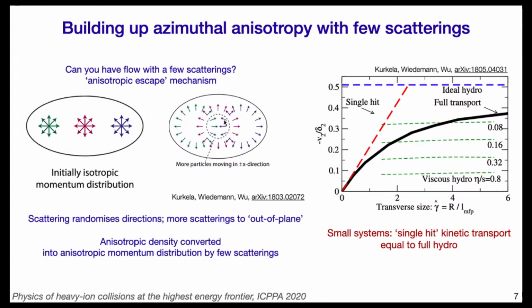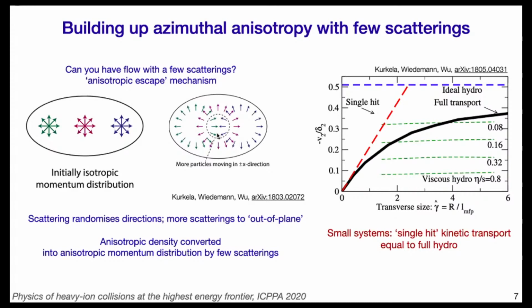So what you find here in the middle is that the particles tend to move in the horizontal direction in the sketch. And when they collide, they isotropize. So collisions will have a tendency to move from the horizontal direction to the perpendicular direction, to the vertical direction in this plot. And that gives rise to this flow-like effect. And so we now understand, at least qualitatively, how this can arise in proton-proton collisions.